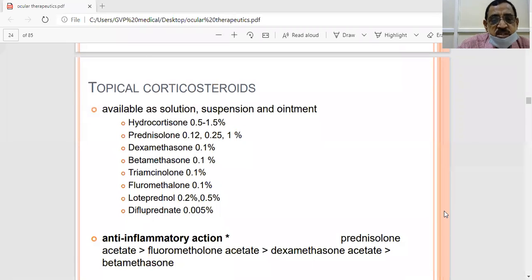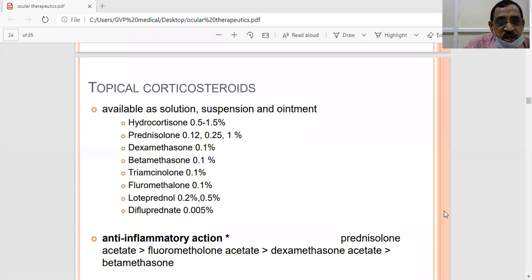So the various topical corticosteroids which we use in ophthalmology are available both as solutions, suspensions, and also ointments. Hydrocortisone 0.5 to 1.5%, prednisolone 0.1 to 0.25%, dexamethasone 0.1%, betamethasone 0.1%, triamcinolone 0.1%, fluorometholone 0.1%, loteprednol 0.2 to 0.5%, difluprednate 0.05%.